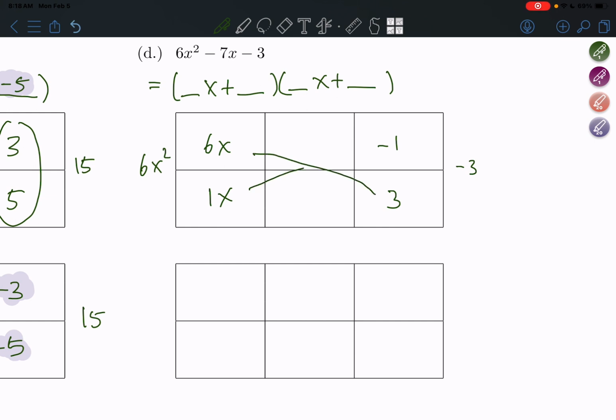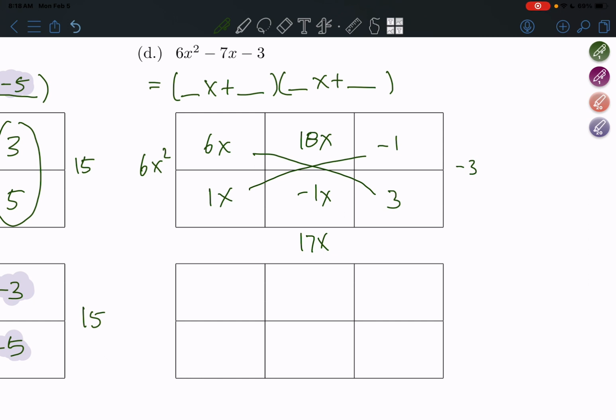So 6x times 3 is 18x. And then x times negative 1 is negative 1x. If you add that together, we get 17x. That's not what you're looking for. And it turns out, if you make the different choice between negative 1 and 3, or 1 and negative 3, you're not going to get the right one.